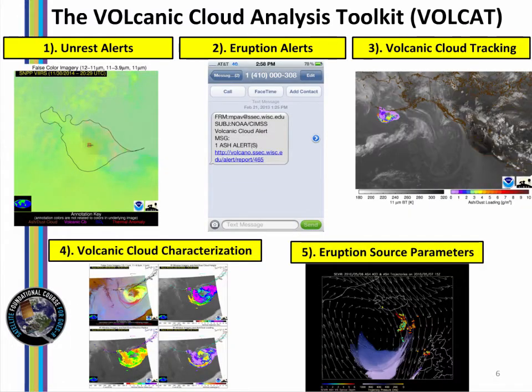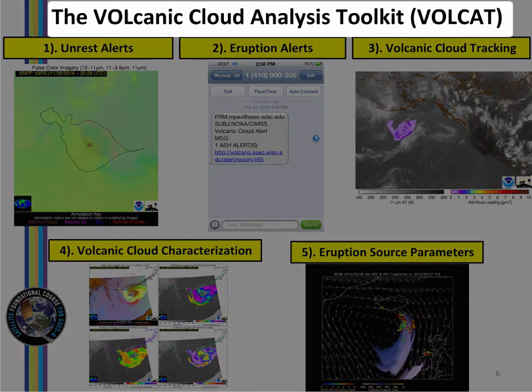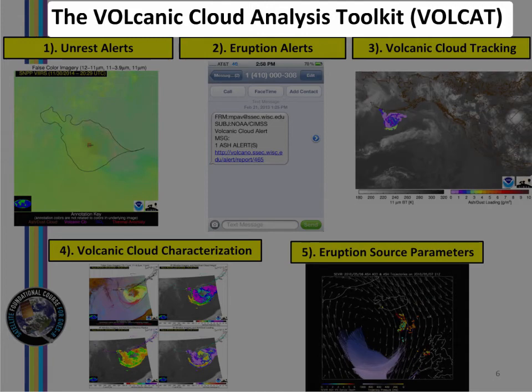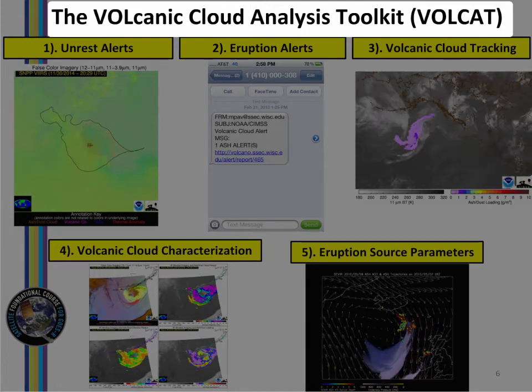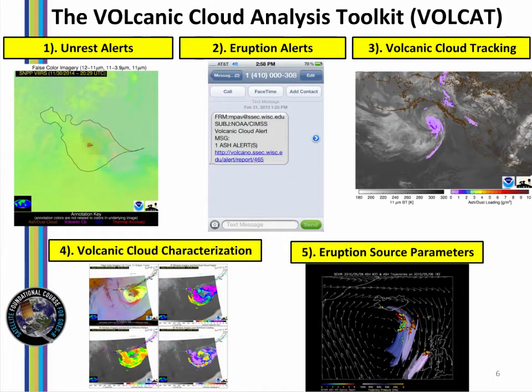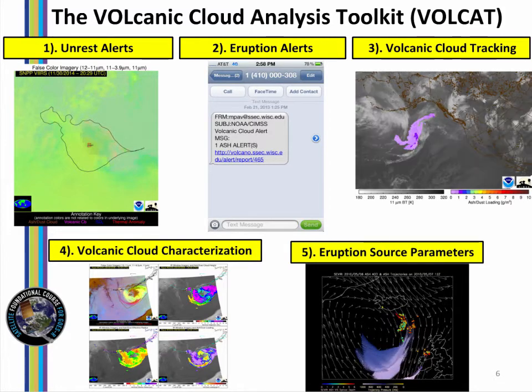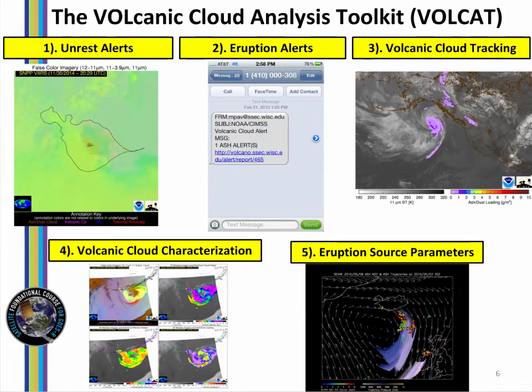Users have been using VOLCAT, the Volcanic Cloud Analysis Toolkit, products and services for a variety of GEO and LEO sensors for several years now. The algorithm that produces the baseline GOES-R volcanic ash product was finalized in 2010.